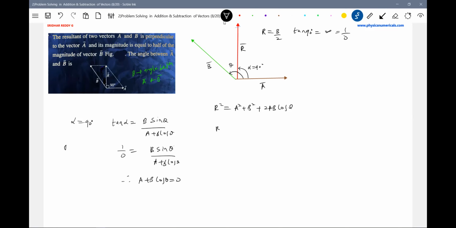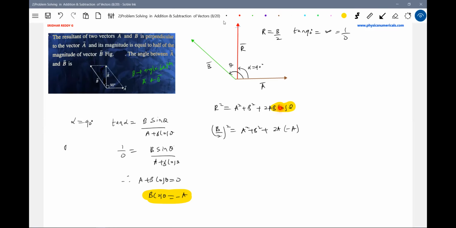So let's substitute b by 2 whole square, a square, b square, 2ab. We don't know b cos theta, what to do? From this one, further you can write b cos theta equal to minus a. Look here, that I'm going to substitute here.